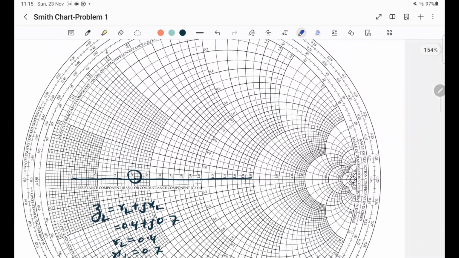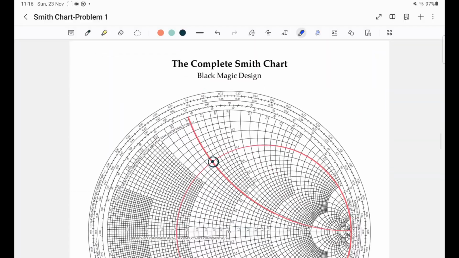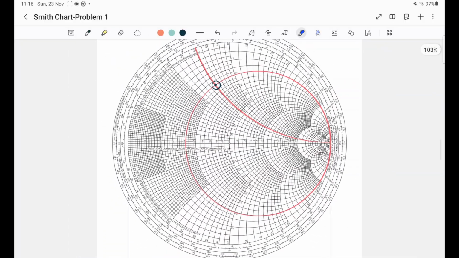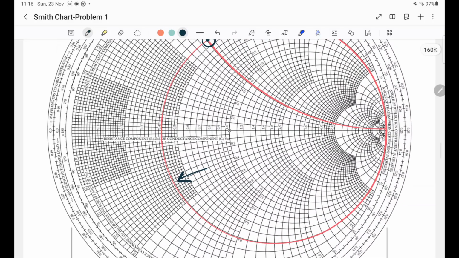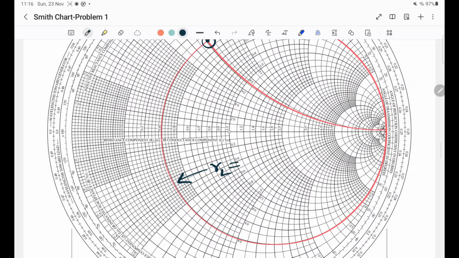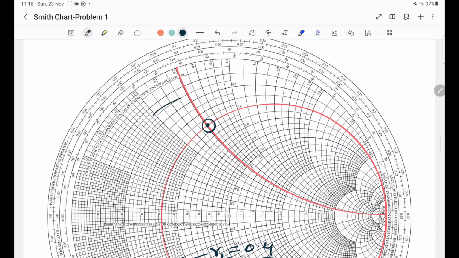Now when you draw both of these circles together, I have drawn it here for you. This circle is the rL equals 0.4 circle, and this circle is xL equals 0.7.